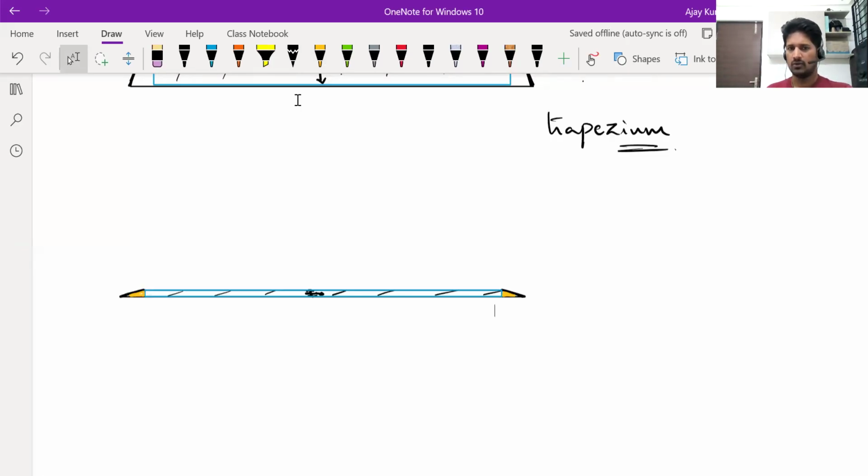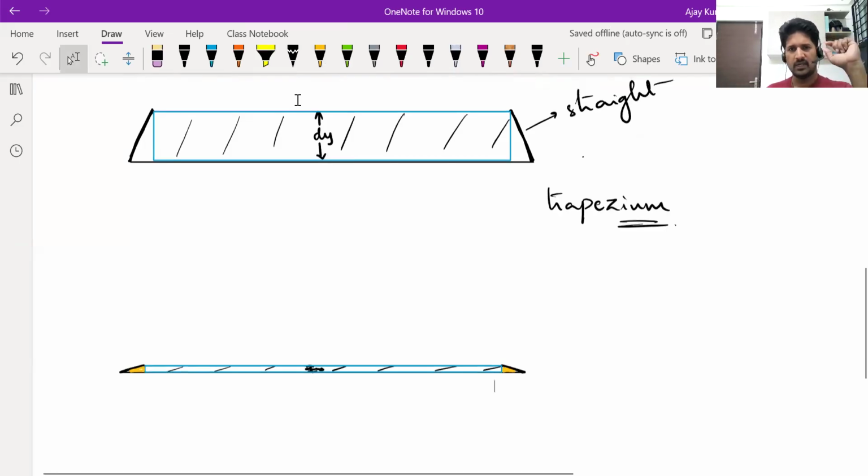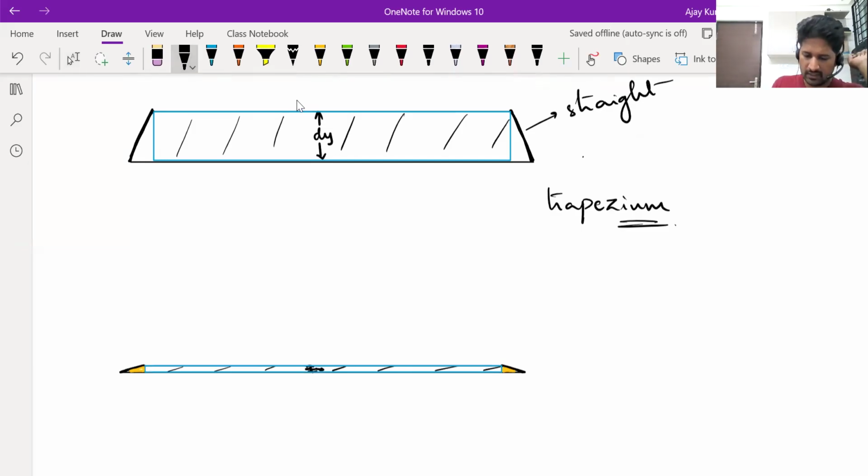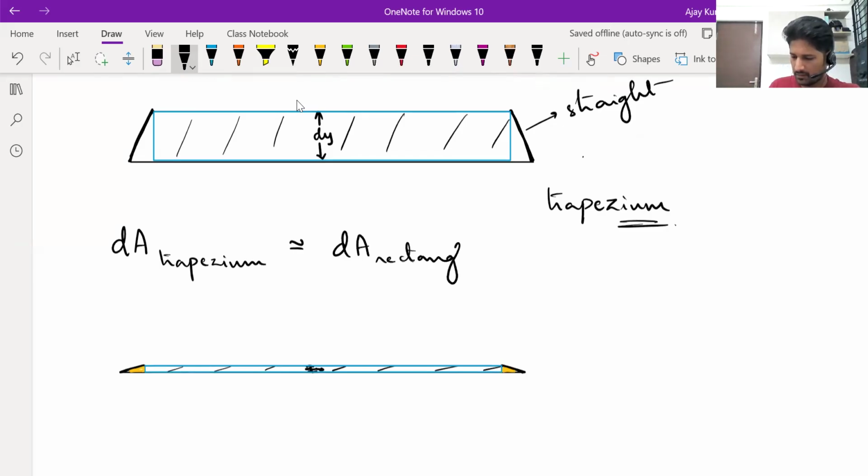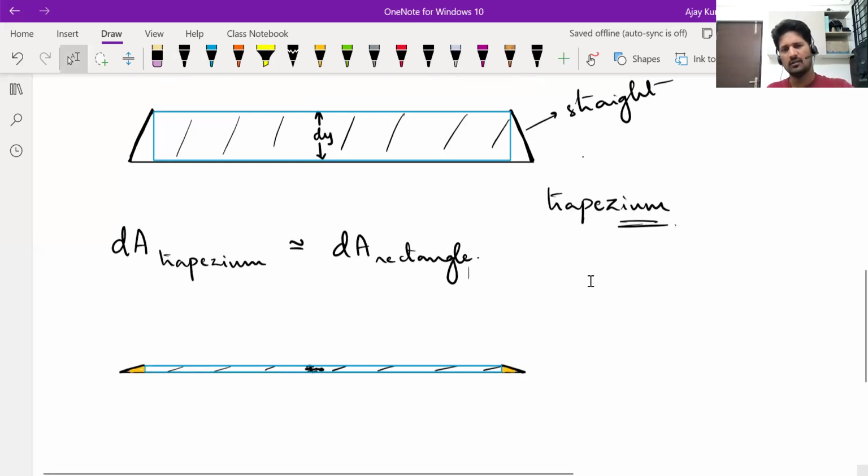So if the trapezium is very narrow, if the height is very small, then we can write area of the trapezium is approximately equal to area of the rectangle itself. You'll be missing out a small triangular part on that side and this side, but the part you are missing out is negligible. This is a mathematically valid approximation.